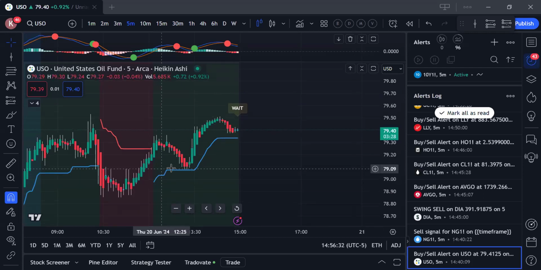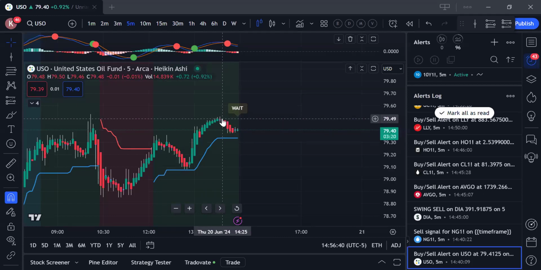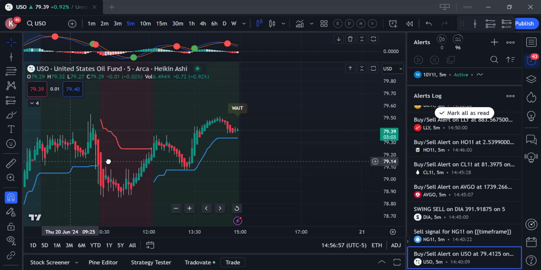And if you take a short, this is like your stop loss. For example, you are taking a short, you will put your stop loss here. If you take a long, suddenly it starts going down, then you will have your stop loss here.